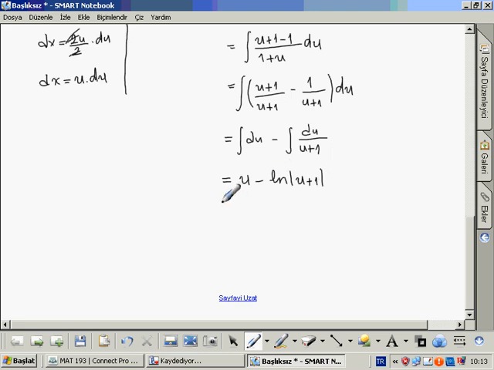So it is equal to the square root of 2x minus ln absolute value of 1 plus the square root of 2x, plus c, which is the result.